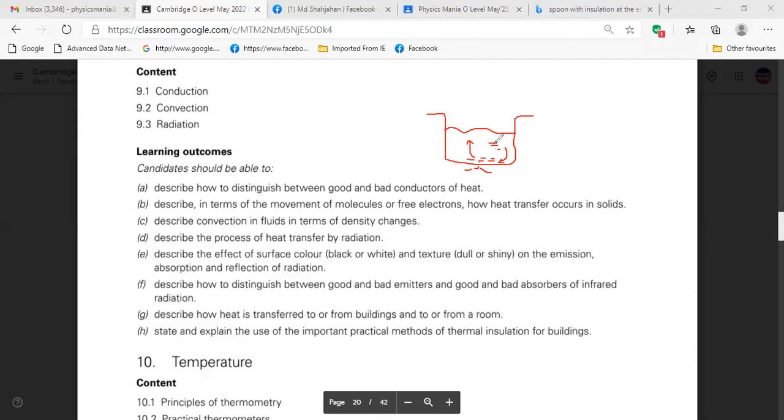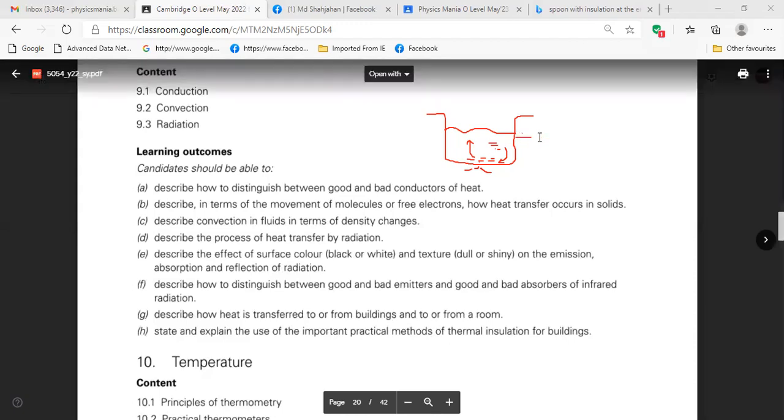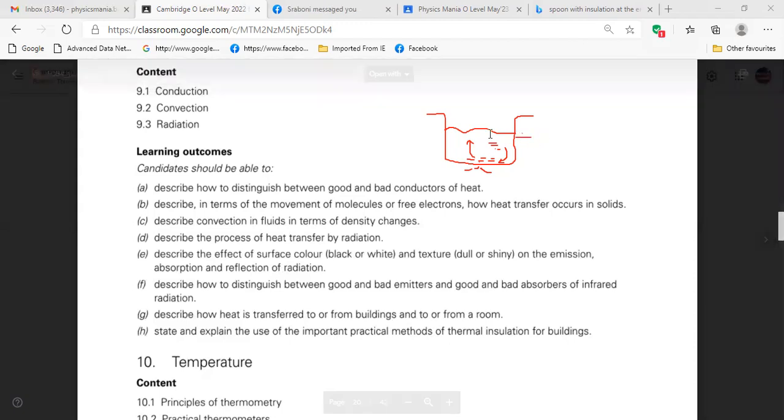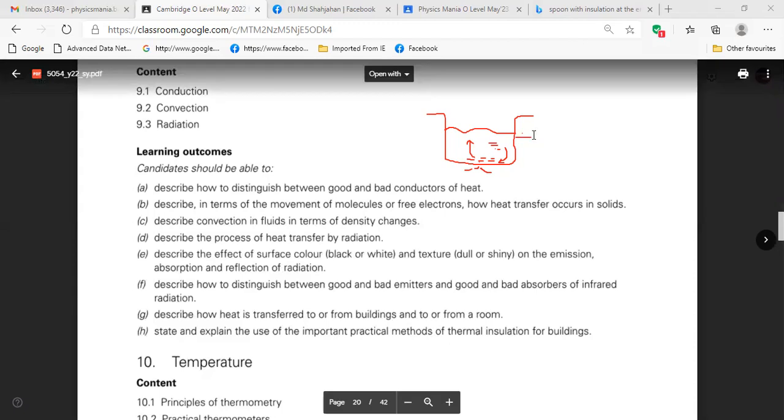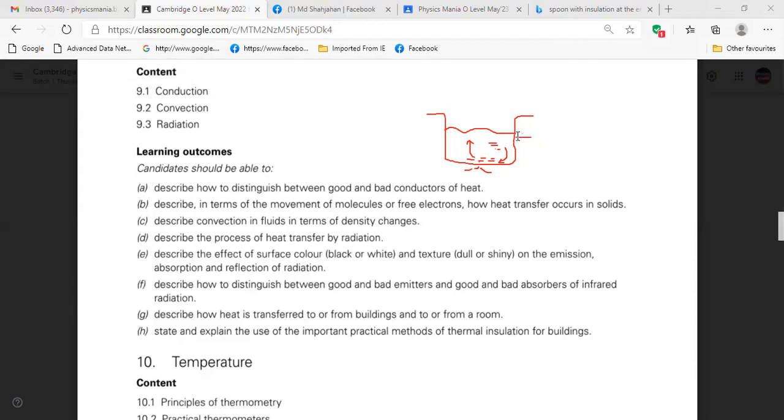So if we give the stove here, for example, heat is given here only, not at the bottom. What happens if we give heat at the top? What will happen? Any idea, anyone?